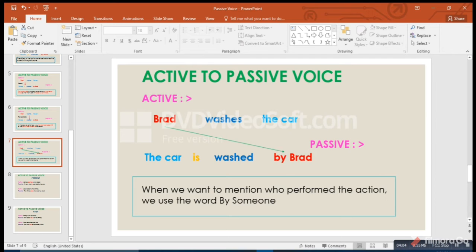For example, he washes the car, so then here it will be by him. But if it is not he but someone washes the car, then we can write by someone.